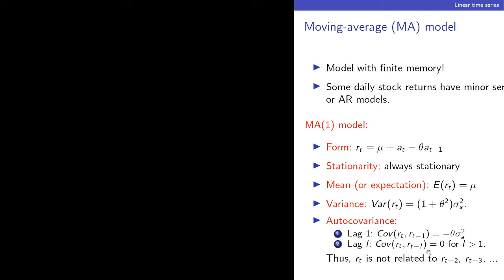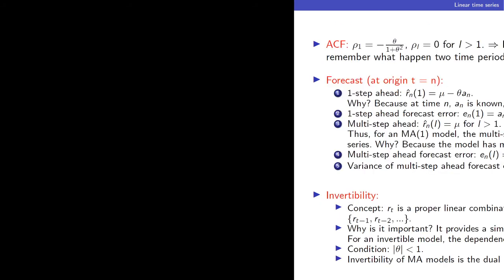covariance functions are zero, which basically means that the return at time t is not related to the returns at times before r minus 2. r minus 1 actually, r minus 2 will count already.